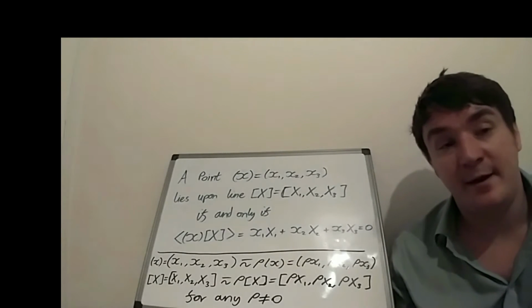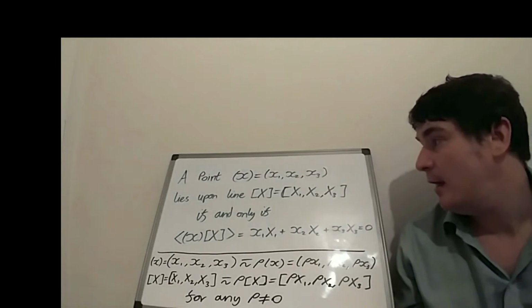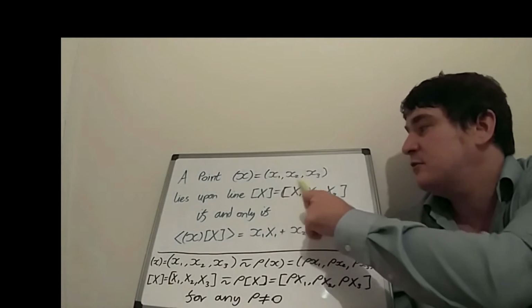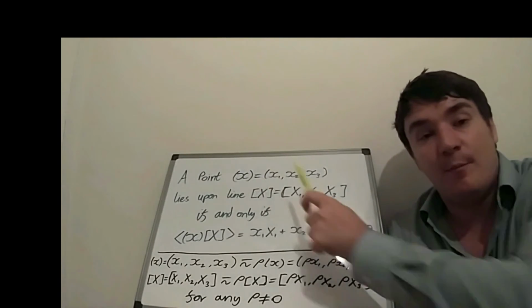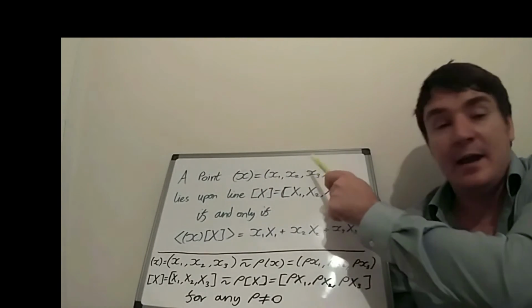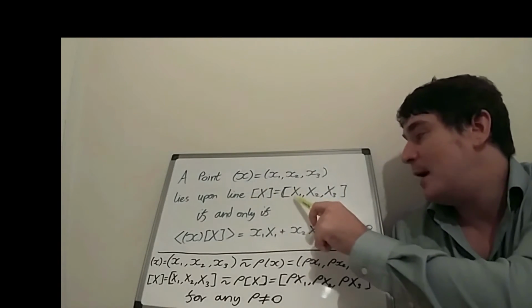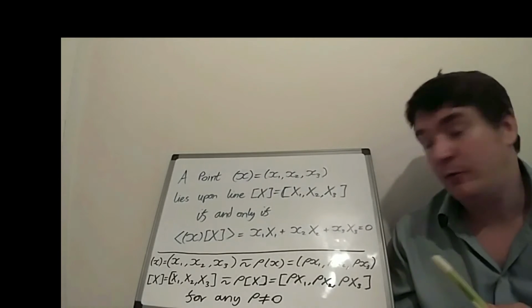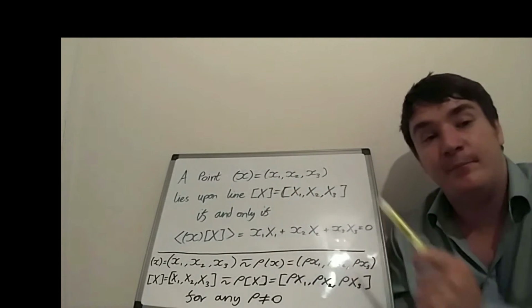So I'll just say this again, just because it's perhaps the most important part of the lecture. A point is described by 3 numbers. We use round brackets to denote a point and lowercase letters. A line is also described by 3 numbers. We use square brackets to denote a line and capital letters.